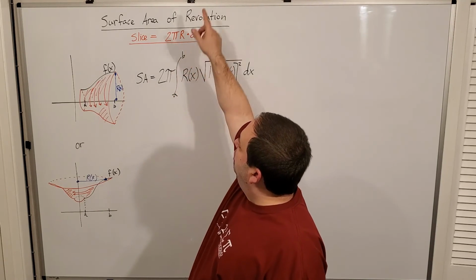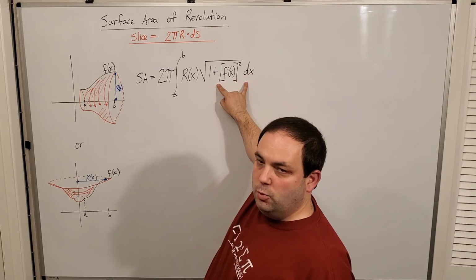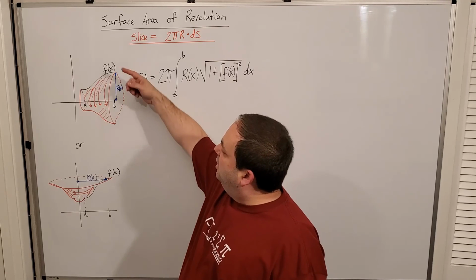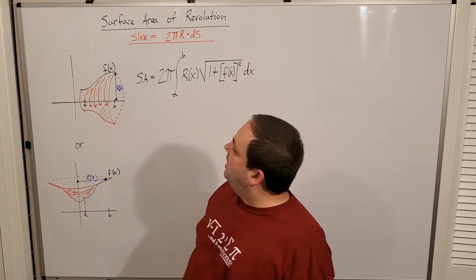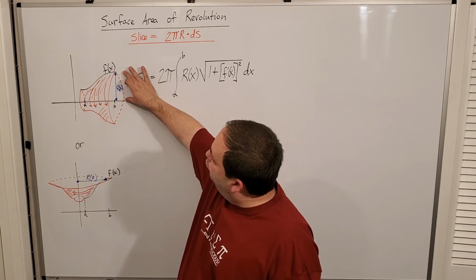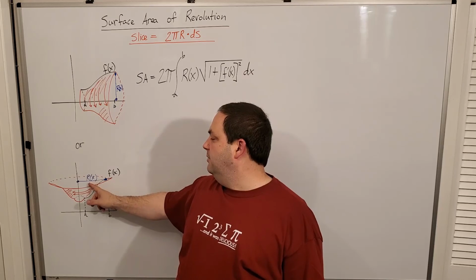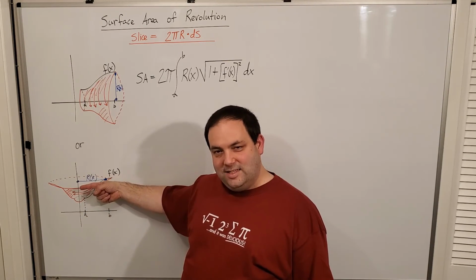So as we just saw a moment ago, ds, the actual calculation, is the square root with the derivative. So then to get the surface area of something that's being revolved, I simply need to set up some sort of radius function in terms of x. A lot of times when you're doing it around the y-axis, your radius will be x itself.